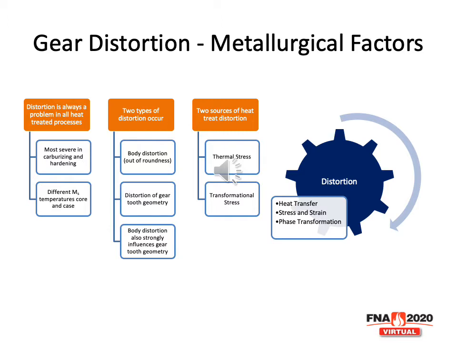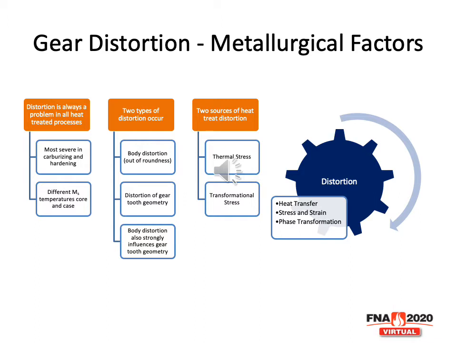Now, you typically have two types of distortion. You have a body distortion, which is an out of roundness, or you can have distortion of the tooth geometry. The body distortion also strongly influences the gear tooth geometry. There are really two sources of heat treat distortion, particularly in steels and also in aluminum. There are the transformational stresses, coupled with the cooling rate, and coupled with the thermal stress.